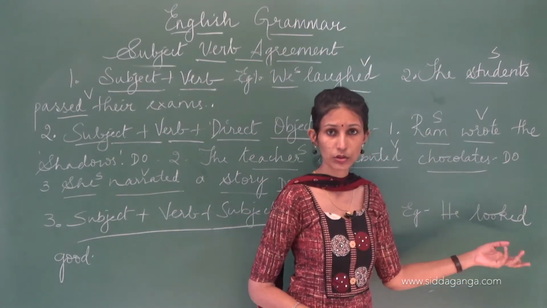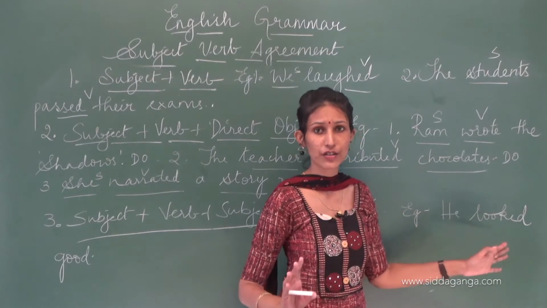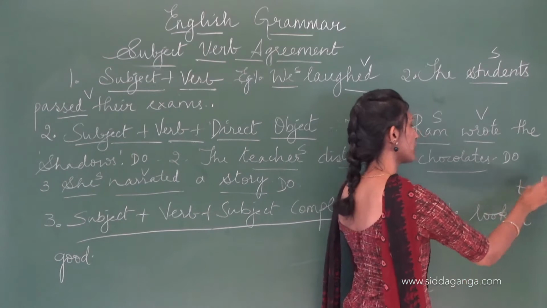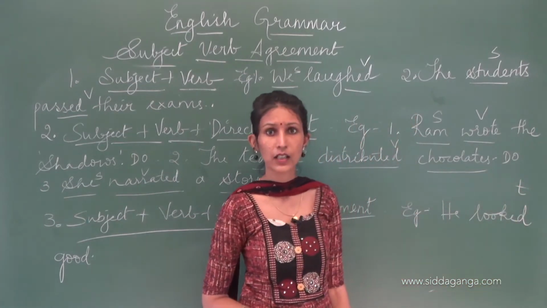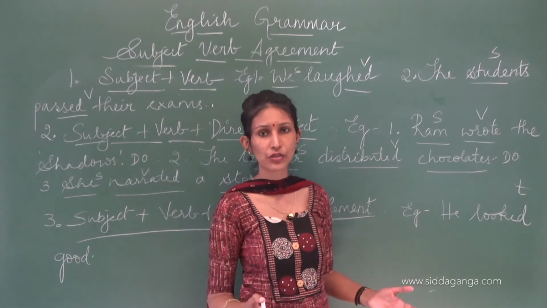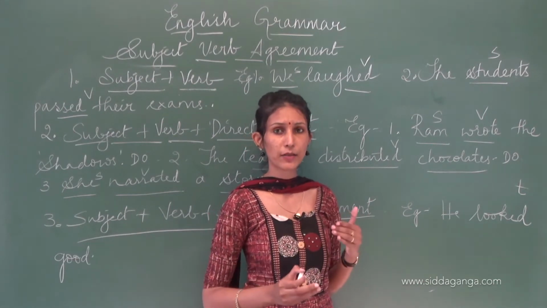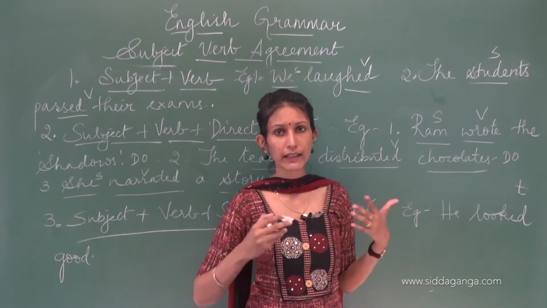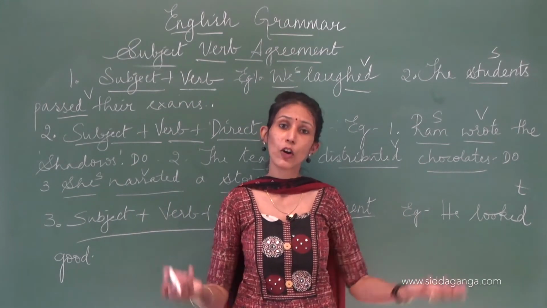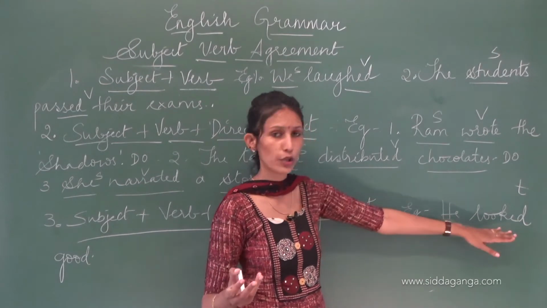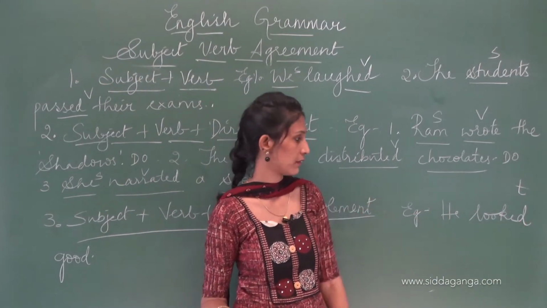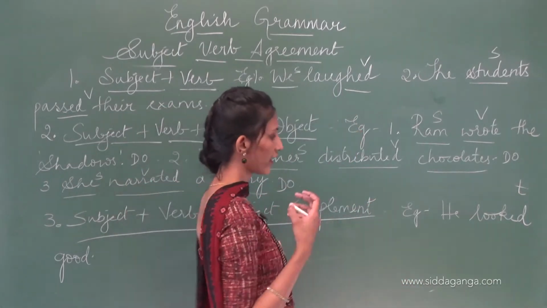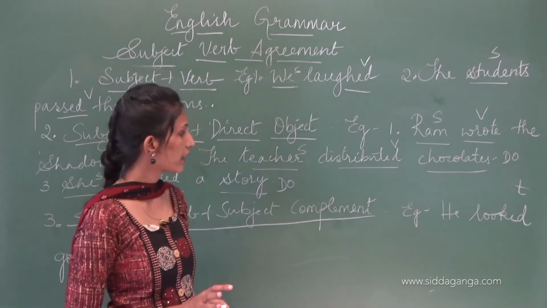It's looked. The ending is ed, not to. Don't make this mistake anywhere in case you're doing it, okay? Right now I cannot observe you, so it will be a generalized statement that I make out of the observations that I've already made. He looked good, whoever that he is.